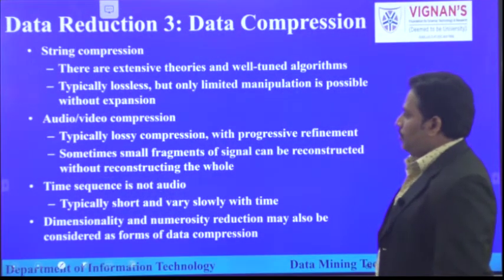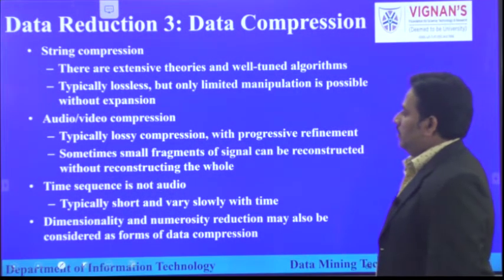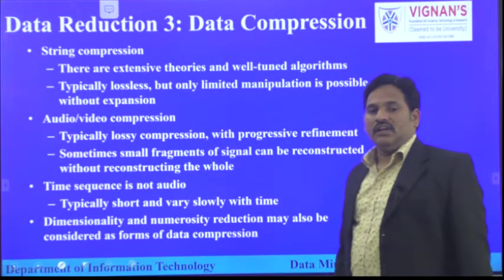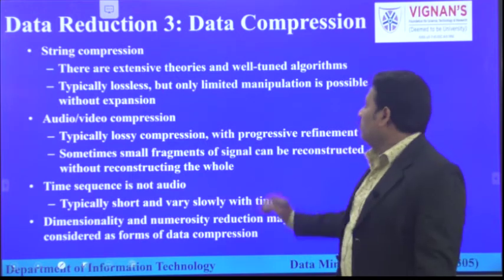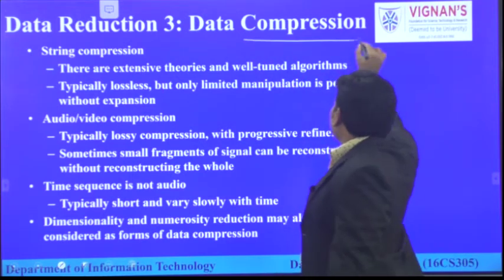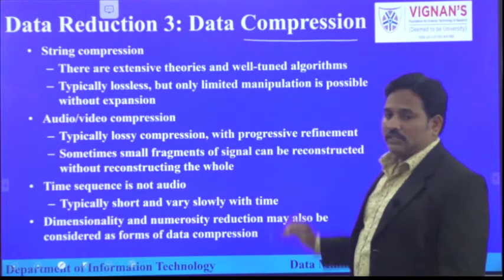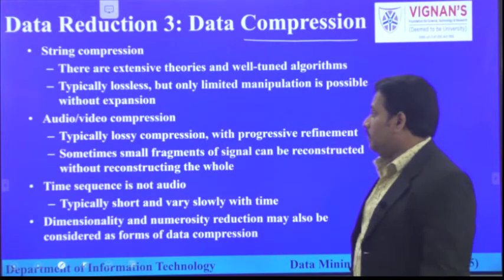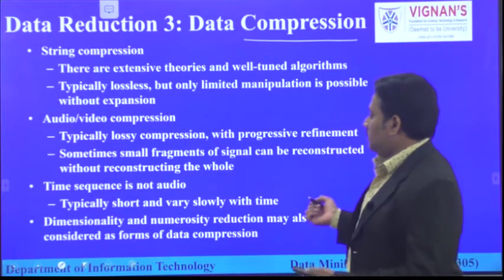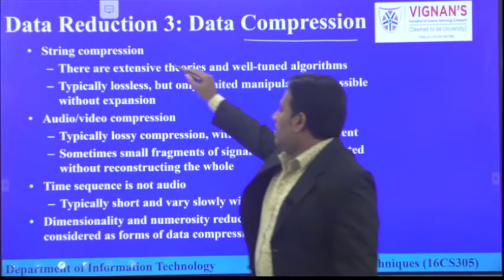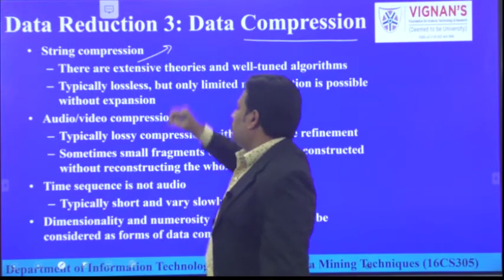Under the data compression approach, another dimensionality reduction approach is data compression. That means how can we compress the data. In this we have various compression techniques based on the type of the data. When we have textual content, or mostly textual content data, we can go for a string compression approach.